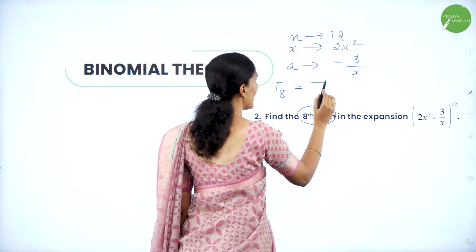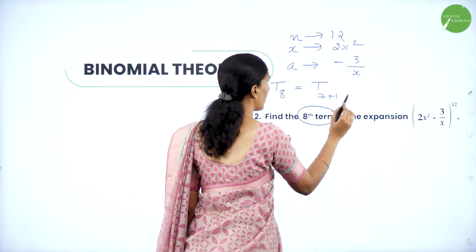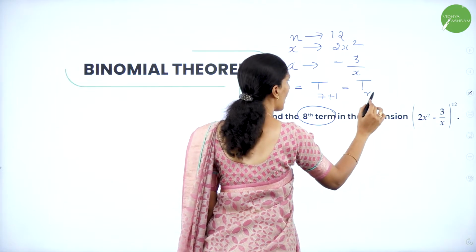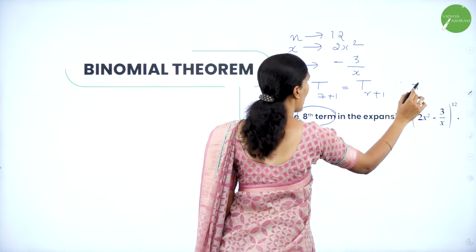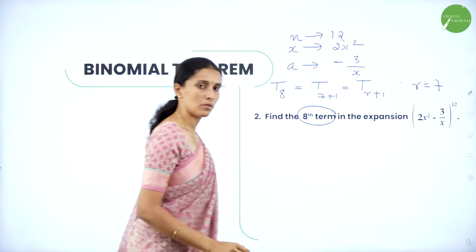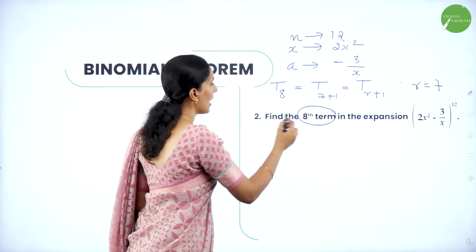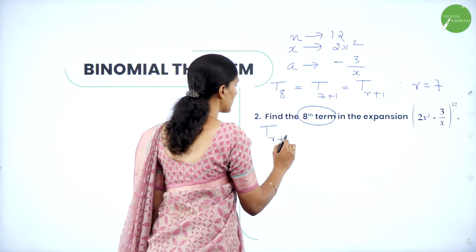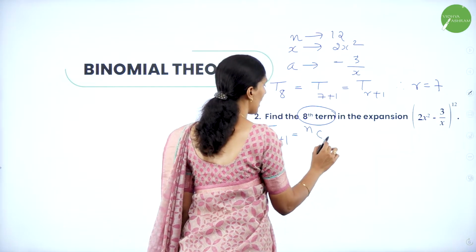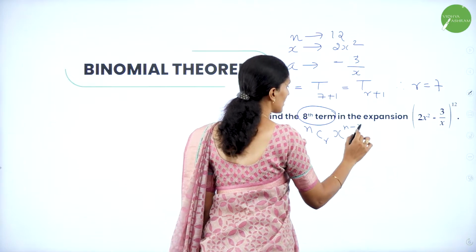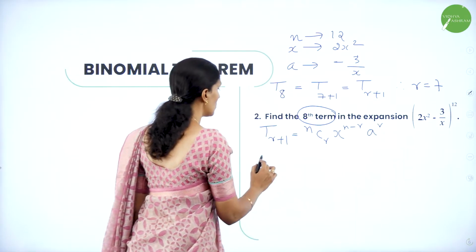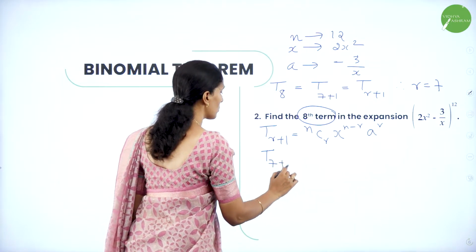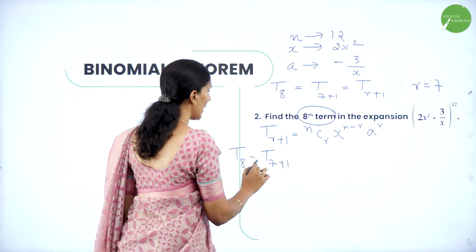T8 is expressed as T7 plus 1, which is nothing but Tr plus 1. So therefore, r is equal to 7 here. Write the formula: Tr plus 1 is equal to nCr x power n minus r, a power r. So here it is T7 plus 1, which is nothing but T8.